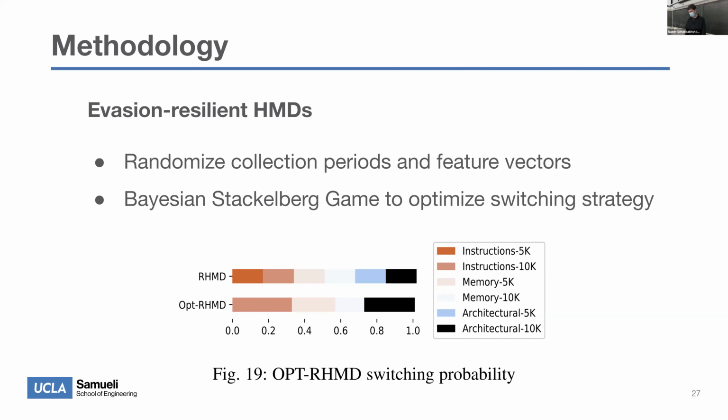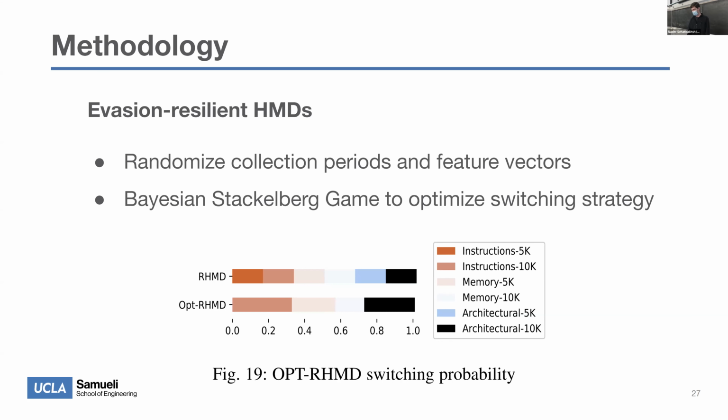So instead, the authors present resilient HMDs, or RHMDs, which are not subject to those same limitations. RHMDs randomly choose between a set of different detectors with different collection periods and feature vectors, which makes reverse engineering substantially more difficult.